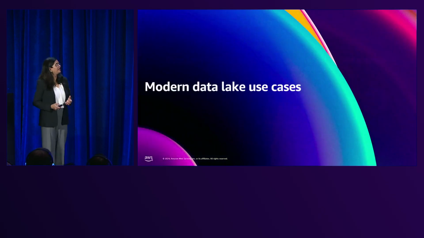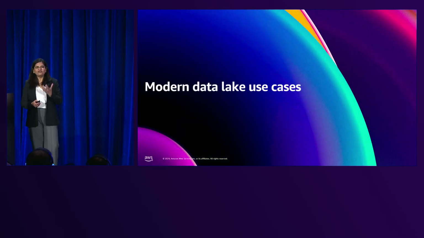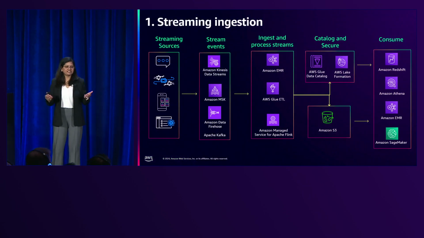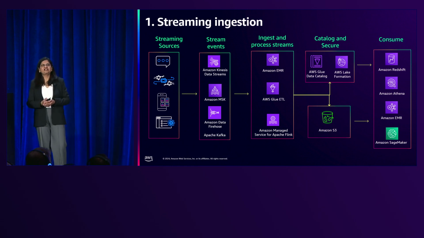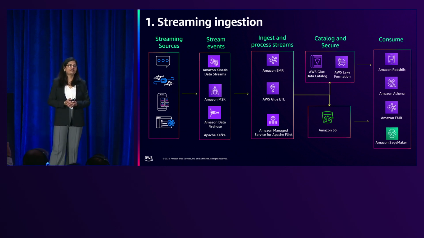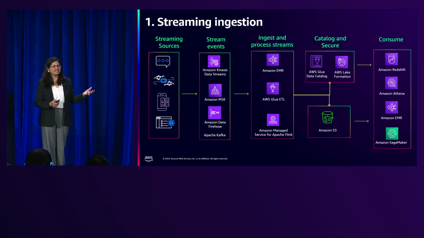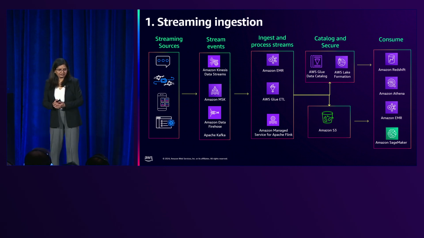But in the meantime, let's take a look at which use cases need such capabilities, starting with modern data use cases, that is, streaming ingestion. Streaming ingestion is a very popular use case with a lot of organizations. This is where you have a ton of streaming sources, streaming data continuously through your streaming services such as Apache Kafka, Amazon MSK, Amazon Kinesis Data Streams, and Kinesis Data Firehose.